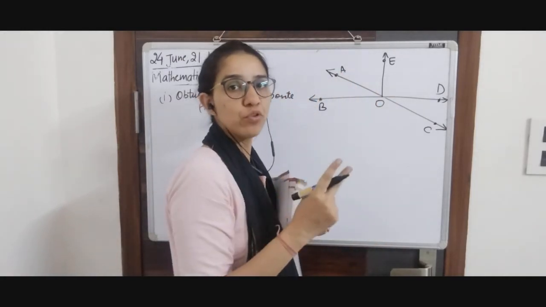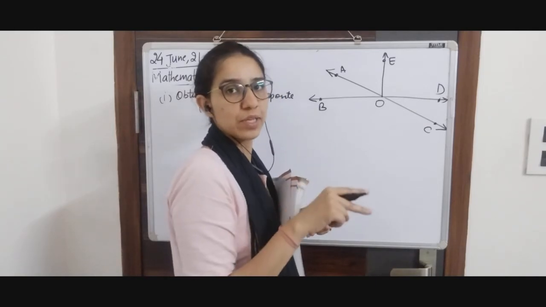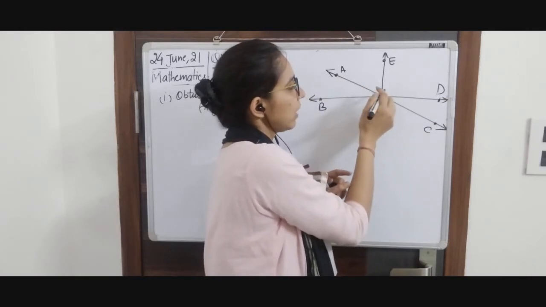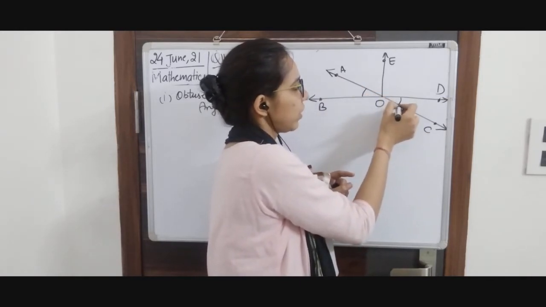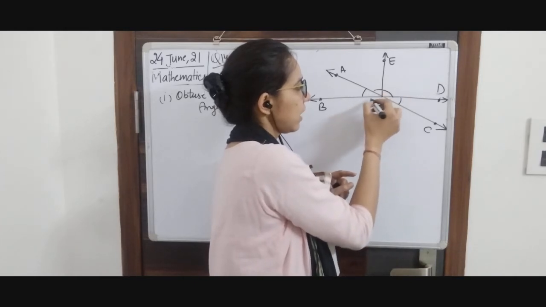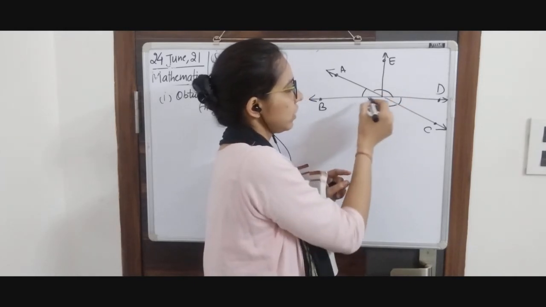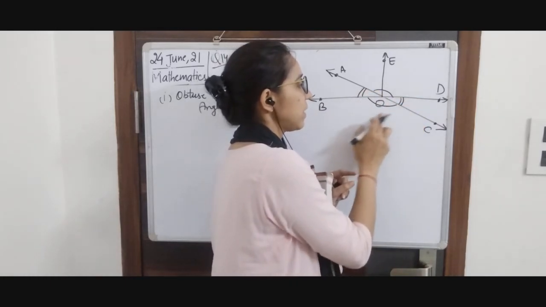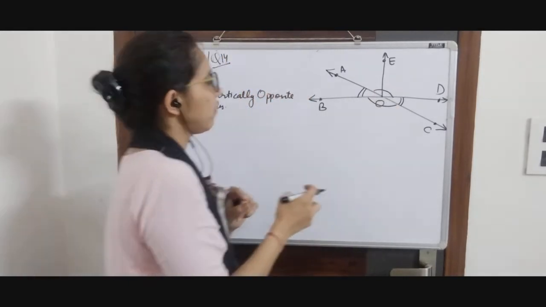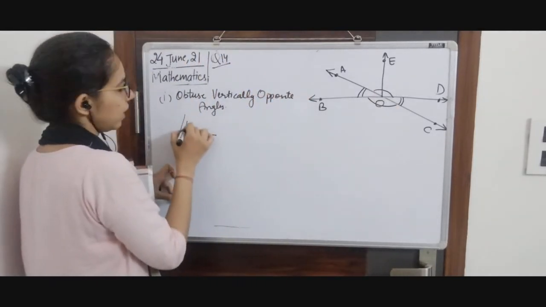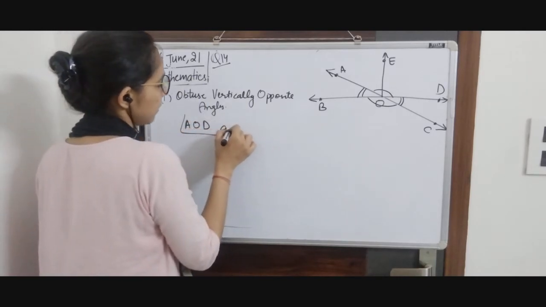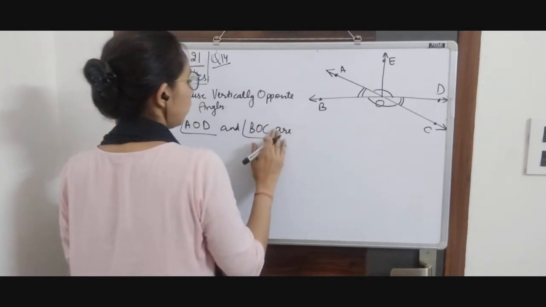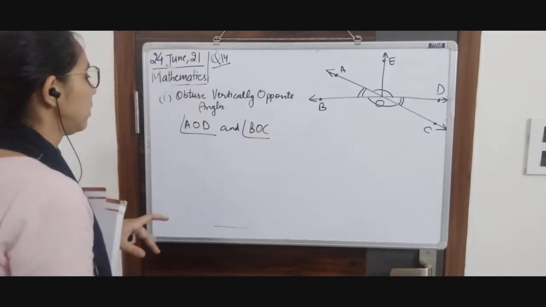It means we have to find two lines intersecting at some point. We have two lines BD and AC, they are intersecting at this point. The angles formed on the opposite sides, this and this, are vertically opposite. Similarly, this and this. Now, out of these two pairs, which pair is obtuse? Clearly, this pair is obtuse, this and this. So we will write angle AOD and angle BOC. We can just leave it here.